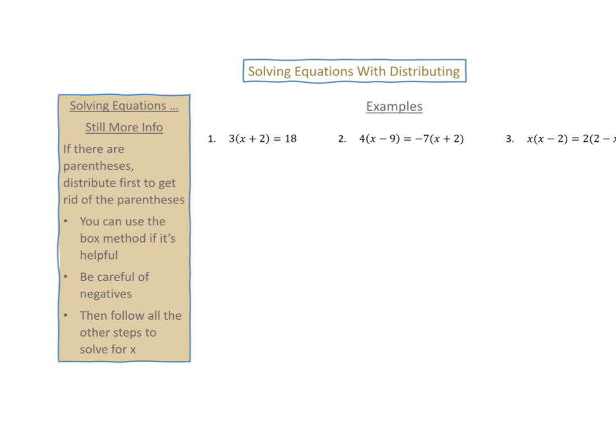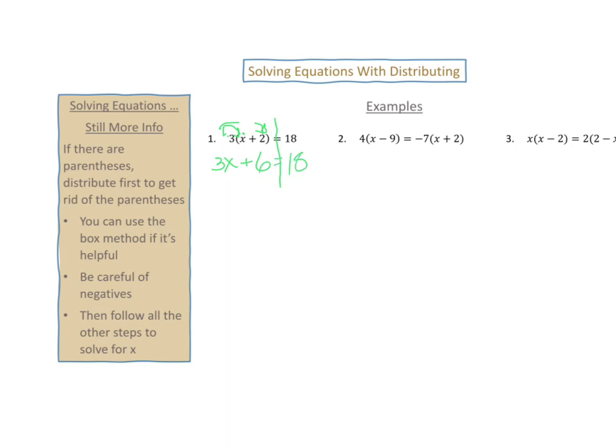So let's take a look at number 1 here. It says 3 times the parenthetical expression x plus 2 equals 18. So here's my little line, but I have to take this 3 and distribute it first. There's 1, there's the other. 3 times x is 3x. 3 times 2 is 6, and it equals 18.